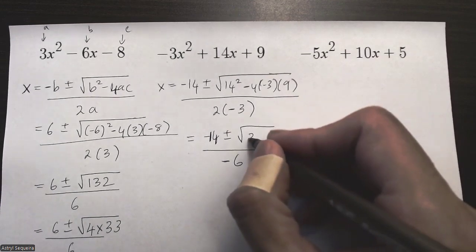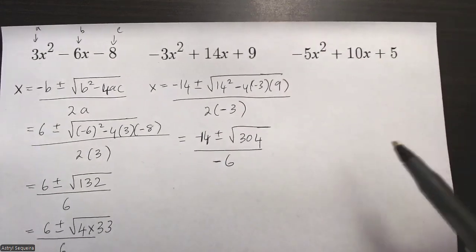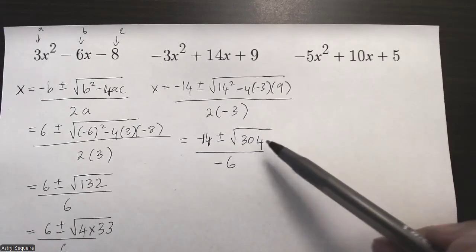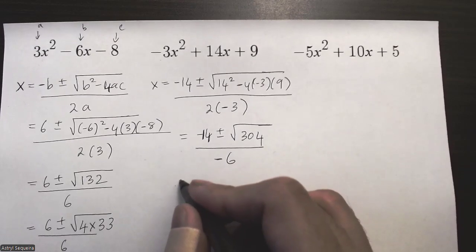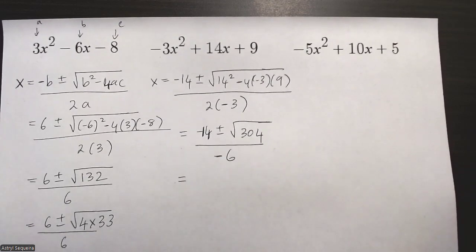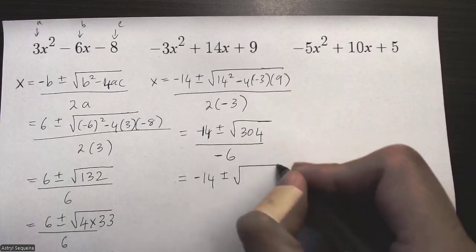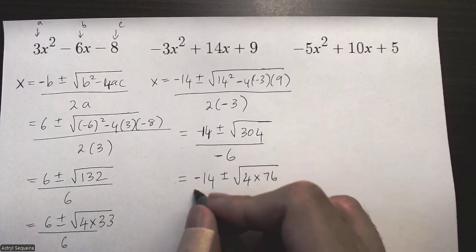And I get 304 over here. So again, trying to figure out what number you can divide this by. You want to try numbers like 4, 9, 16, 25, basically any square rootable number. Let me try 4 to begin with. So I can simplify this to 4 times 76.